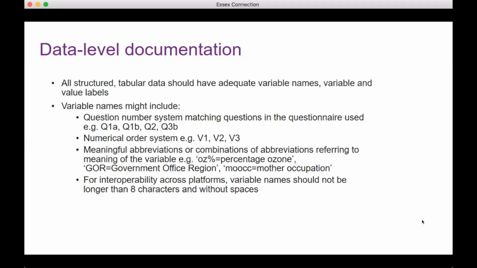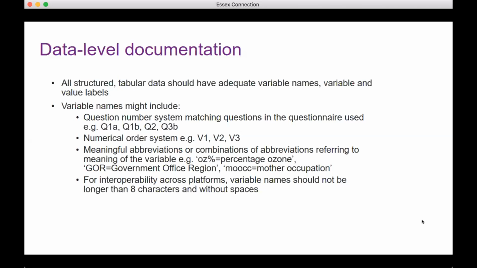Okay, so looking at data level documentation, in particular variable names and variable labels, we're going to have a quick look at that. All structured or tabular data should have adequate variable names as well as variable labels and value labels. In terms of variable names, we have a few suggestions here.